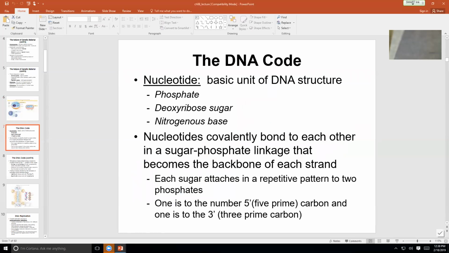Okay. So when we talk about DNA, and I know this is review for most of you, but when we talk about this molecule called DNA, we said that you would think that this molecule must be incredibly complicated.